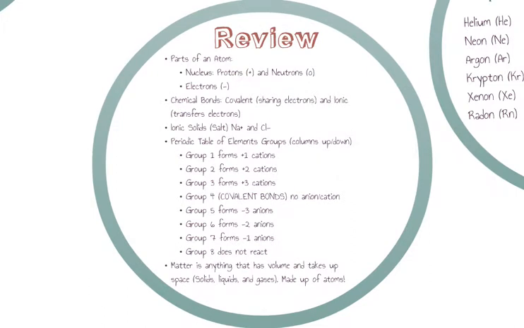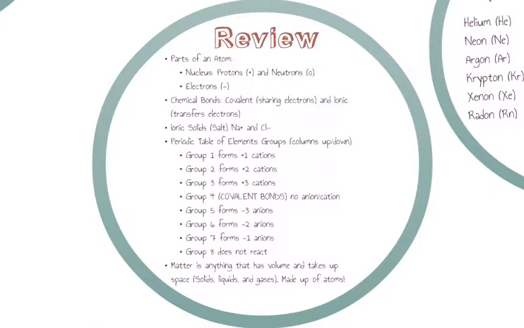So just a quick review, we discussed parts of an atom, and in the nucleus of the atom we have our protons, which have a positive charge, and our neutrons, which are neutral, they have no charge. Outside of the nucleus, orbiting outside the nucleus, are our electrons, and they have a negative charge. Remember, electrons are responsible for all chemical reactions.